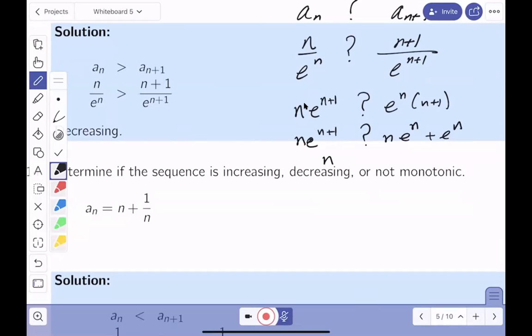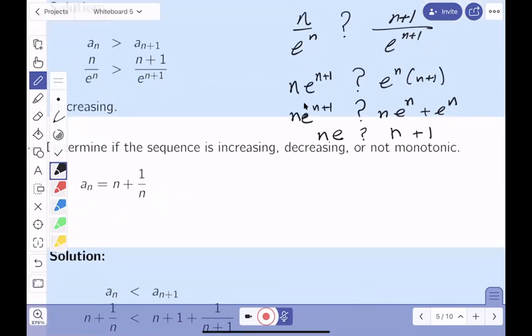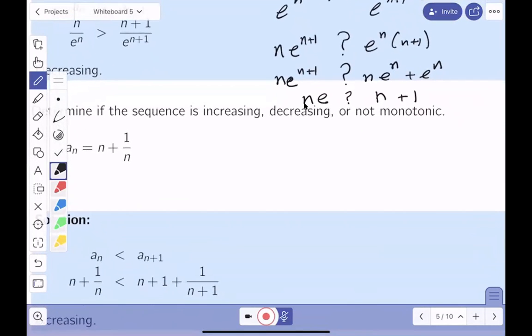So n times e, question mark, n plus 1. It doesn't look too easy, does it? I'll write this over here. So n e, question, n plus 1. All right, so n e is n times e, greater than n plus 1? Let me write this down.